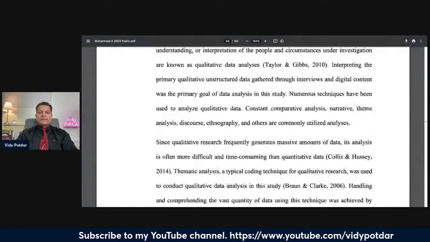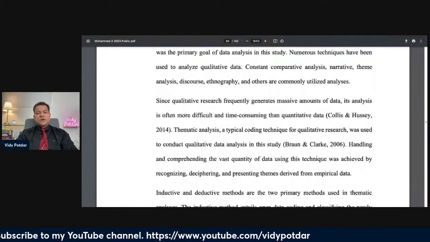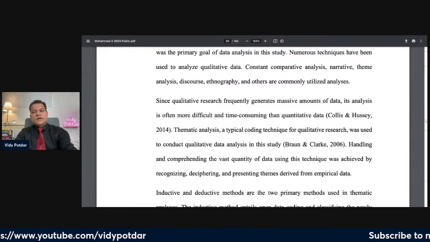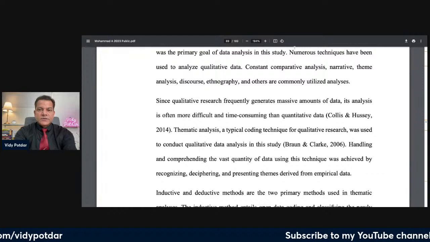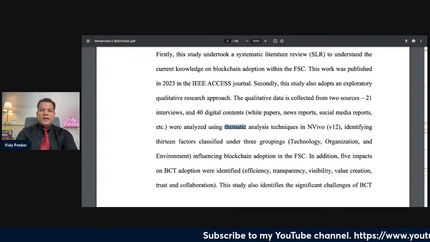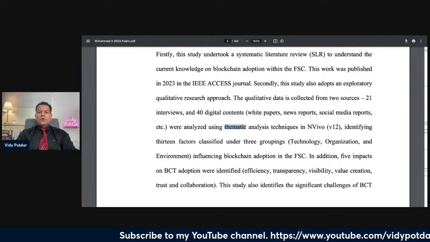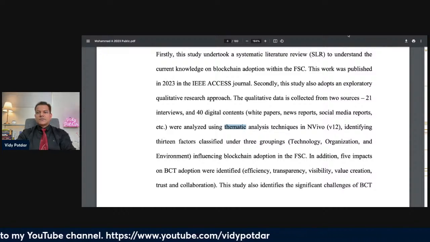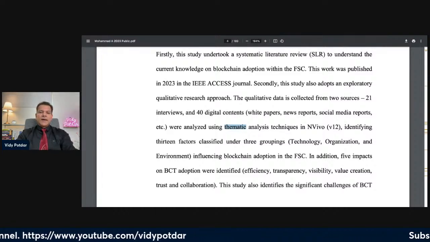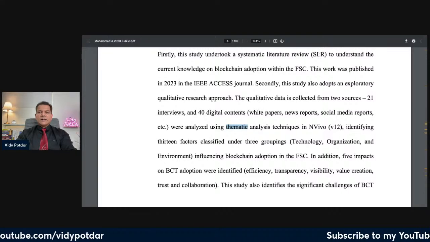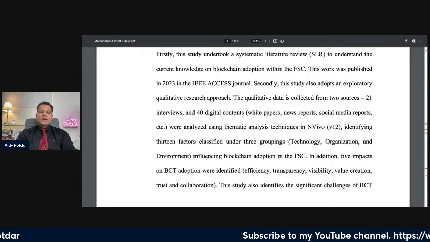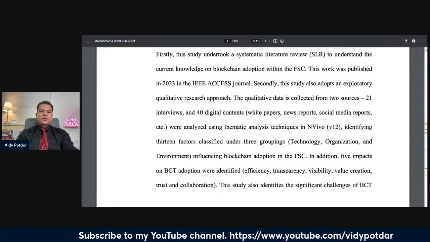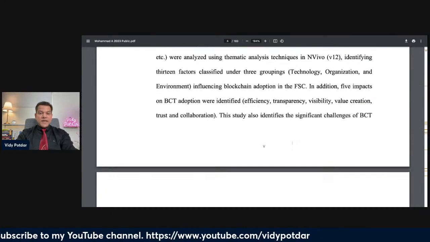How was the data analysis done? So they did thematic analysis. So another thing that you can also do is kind of search specific words. So for example, thematic analysis. So now I know that there are 18 references or instances of thematic analysis here, which means the most likely approach that they have used for analysis is thematic analysis, and it was actually also mentioned in the abstract before.